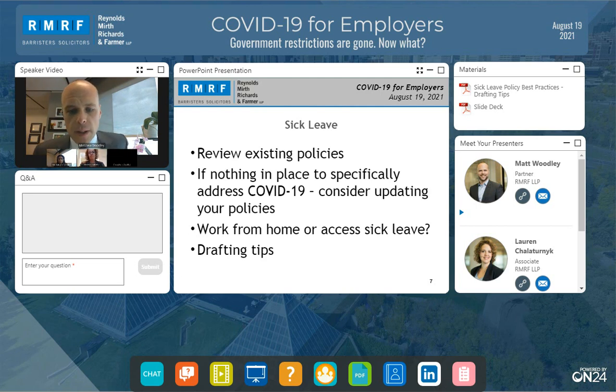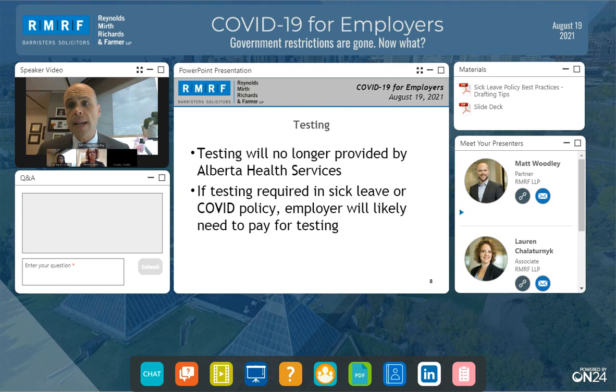I'm going to touch briefly on the issue of testing, because this is something that is becoming more common in terms of requests from employers about what to do in testing. And we've seen some large organizations in the province have a requirement not necessarily focused on mandatory vaccinations, but mandatory rapid testing for those individuals who have chosen not to get a vaccine.